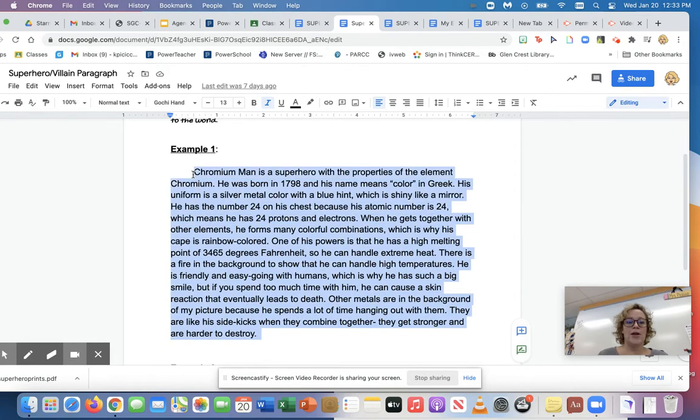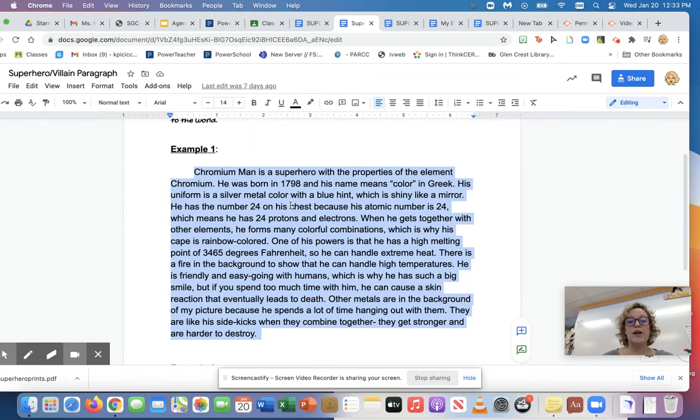So it says Chromium Man is a superhero with the properties of the element chromium. He was born in 1798 and his name means color in Greek. His uniform is a silver metal color with a blue hint, which is shiny like a mirror. So you notice how I took the color I knew about him, right?